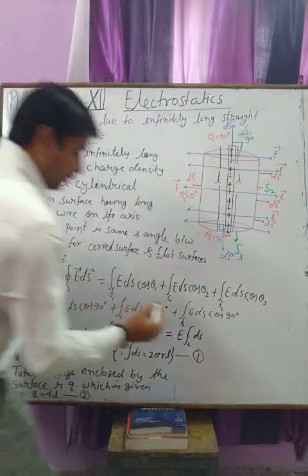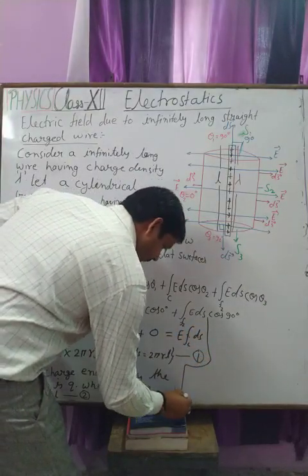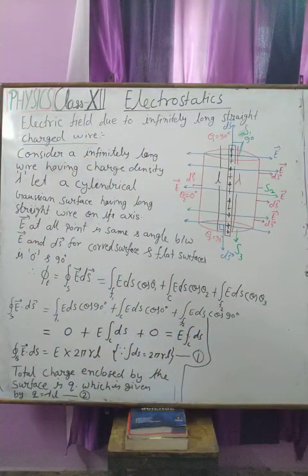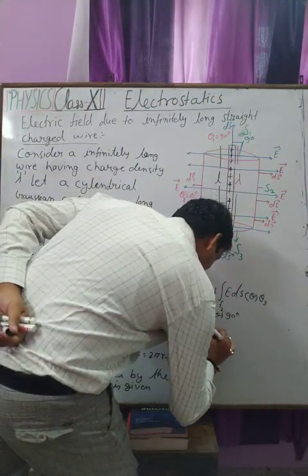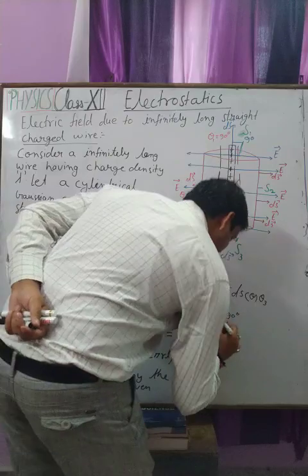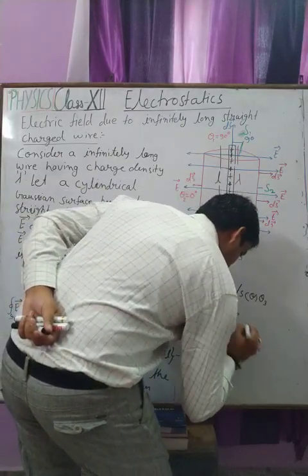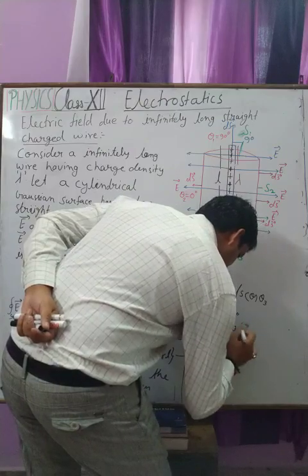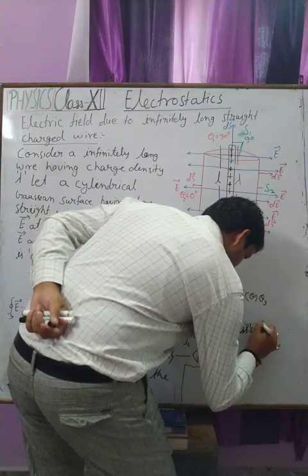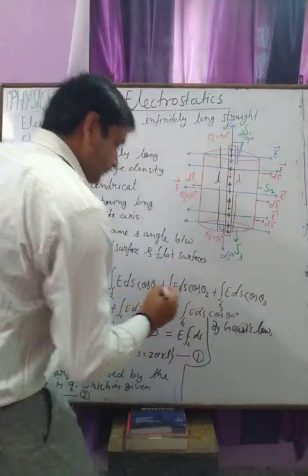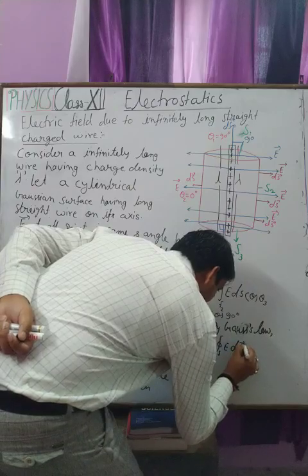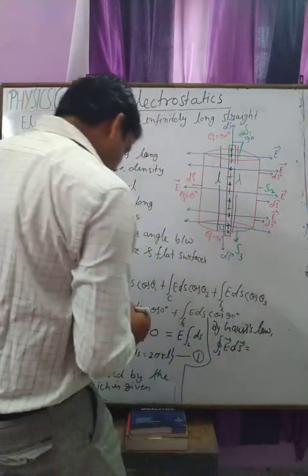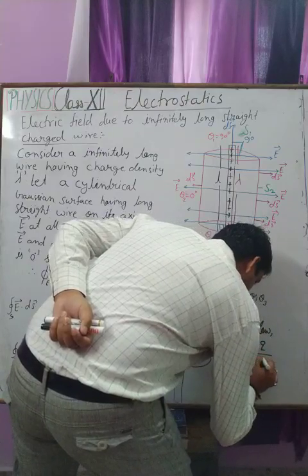Okay, now by Gauss's law, closed integral E dot ds is equal to Q upon epsilon naught.